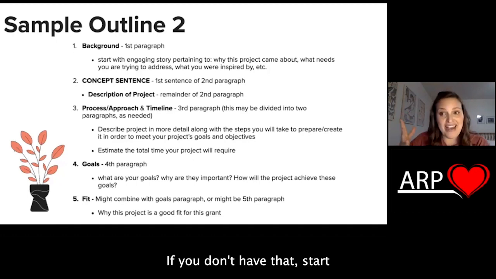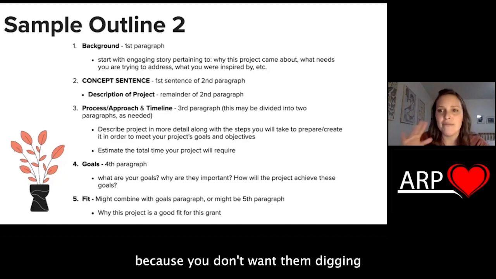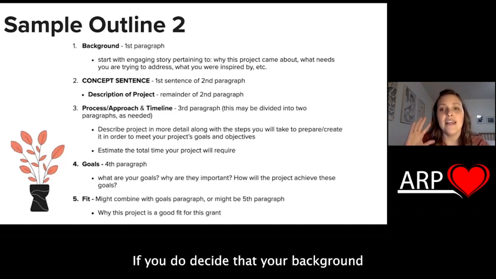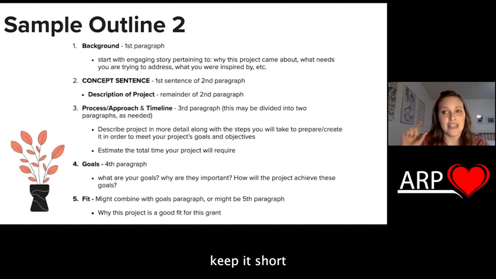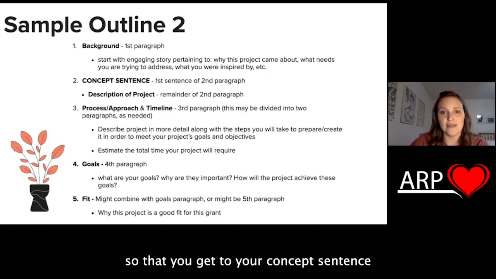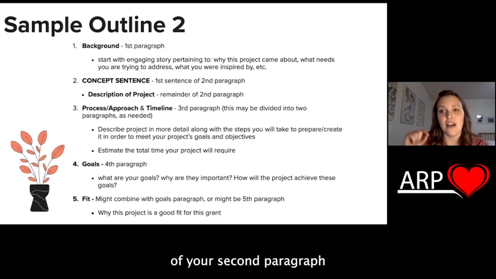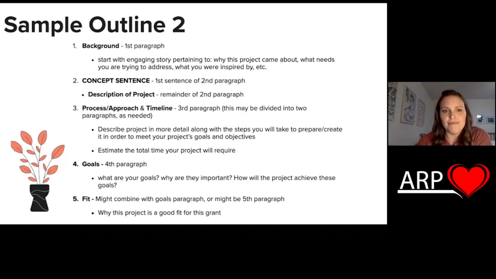If you don't have that, start with your concept sentence because you don't want them digging for what your project is. If you do decide that your background is worthy of being your first paragraph, keep it short so that you get to your concept sentence as quickly as possible. And make sure your concept sentence is the first sentence of your second paragraph if you go this route, so that it's still in a prominent position.